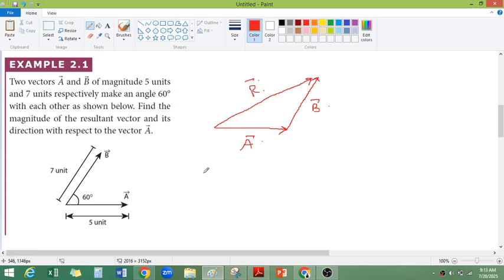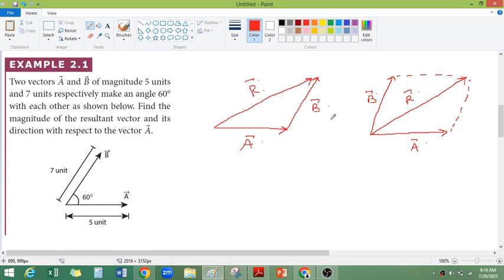If the tail is touching here, then you will have to use what is called the triangular law of vector addition, or you can do the parallelogram law of vector addition. So this is A vector, this is B vector. If you form the parallelogram here, this is your resultant. So in both cases we will get the same resultant.